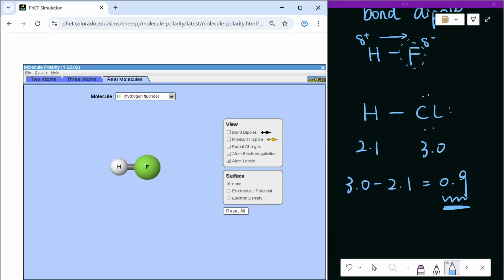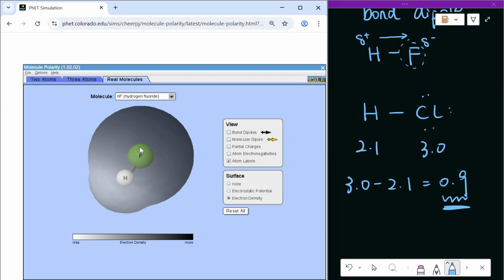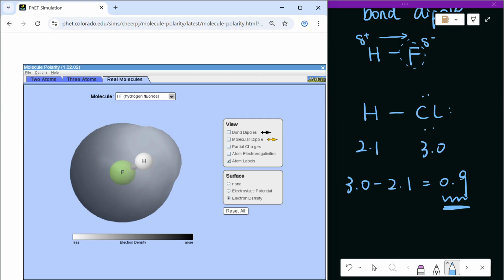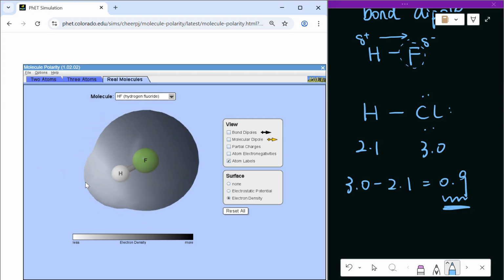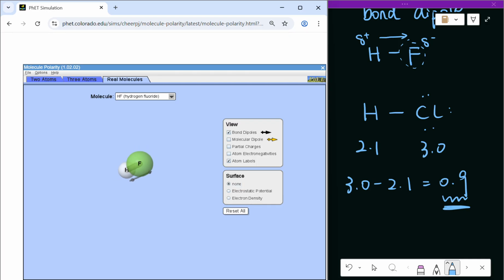And we can see in the simulation that on the fluorine side, the electrons have a greater probability of staying on the fluorine side, whereas on the hydrogen side, the electron has a lesser density, which means it has a lesser probability of staying in the hydrogen realm, which means we will have a bond dipole towards the fluorine side.